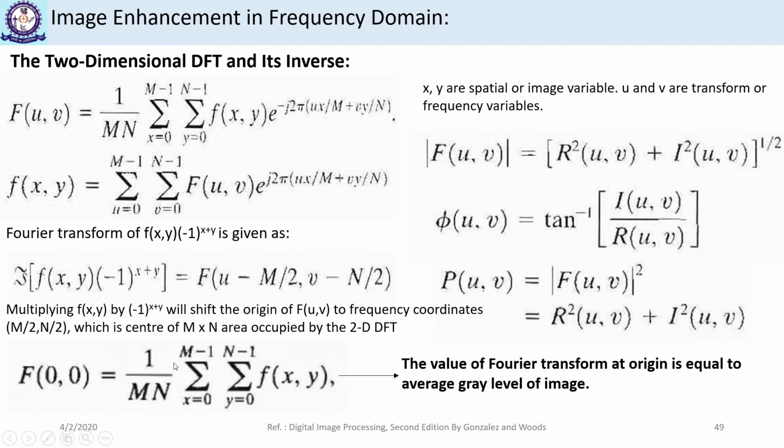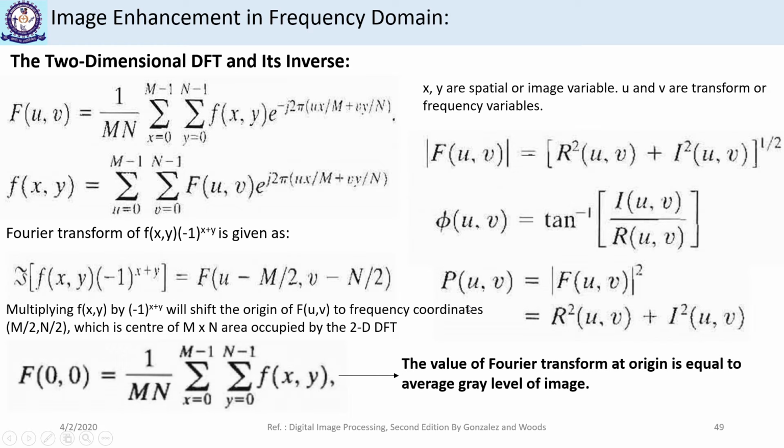So we are getting the average gray level of the image. That means at the origin of this frequency domain signal F(u,v) we will get the average gray level of the input image.